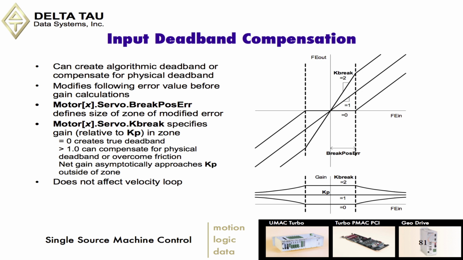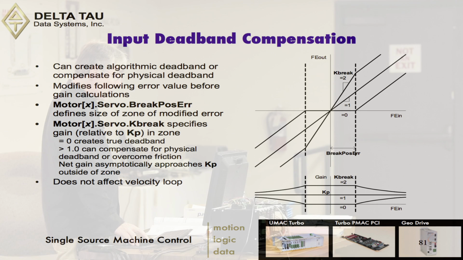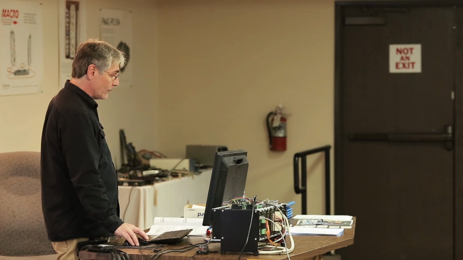If you set it greater than 1, then it can compensate for a physical deadband that could overcome friction from that point. And it does not affect the velocity loop. It's only in the position loop.